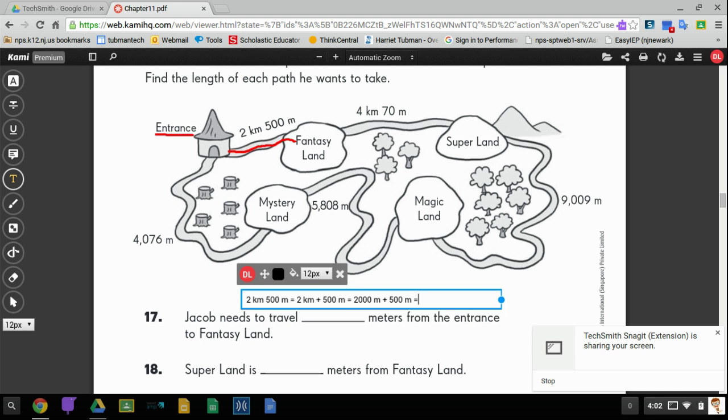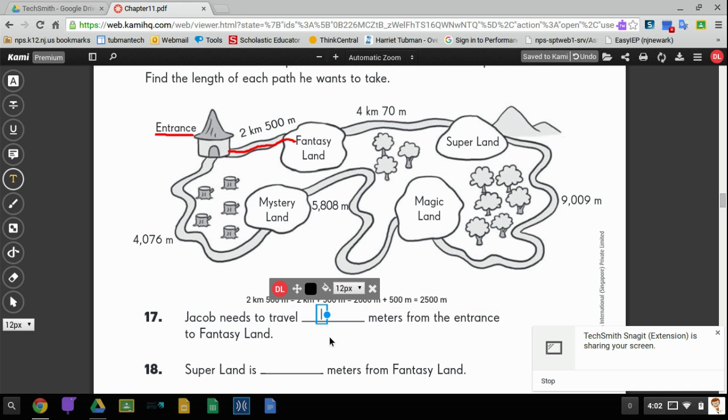So then my final answer, if I have 2,000 plus 500, is 2,500 meters. So let's write that answer over here, 2,500 meters.